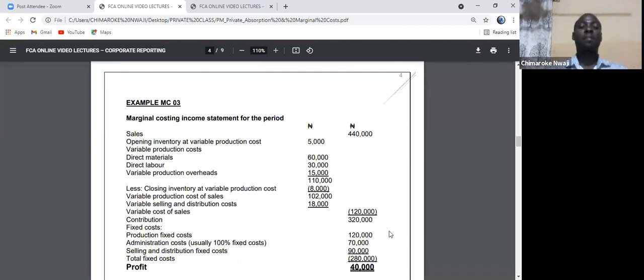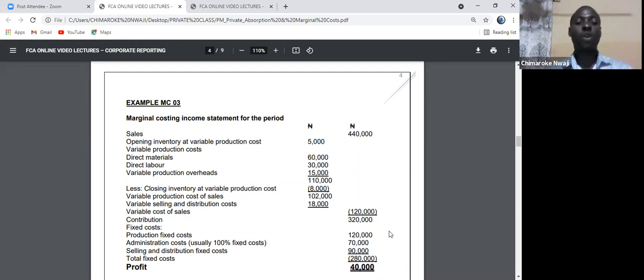Now look at the marginal costing income statement for the period. Notice here that there is stock valuation. Now we have your sales. So this MCO3 is an improvement of MCO1 especially, and MCO2. Look at your sales here. Total sales is 440.